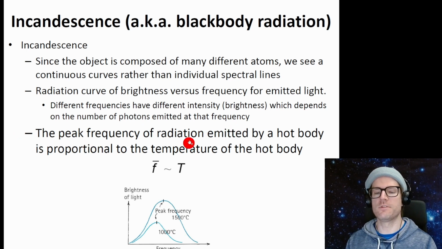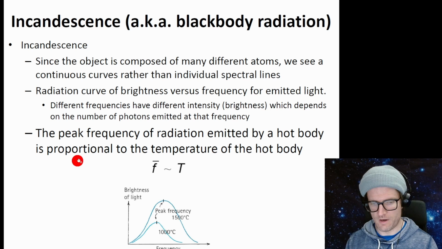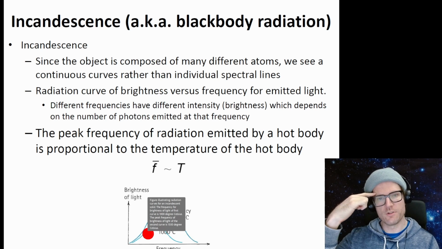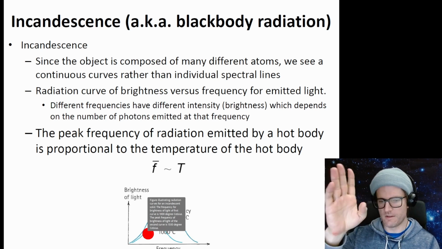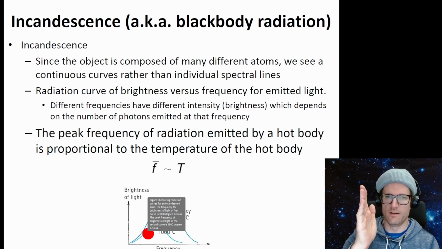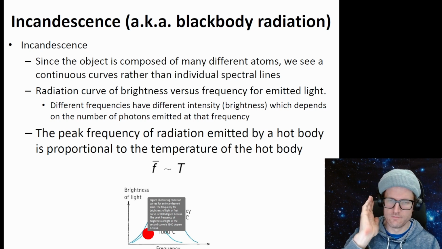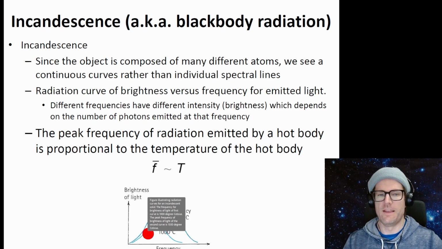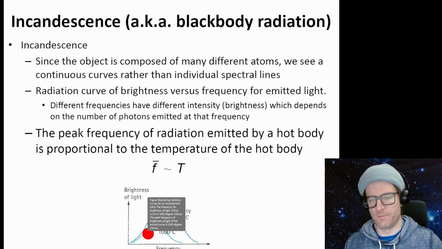The peak frequency of radiation emitted by a hot body is proportional to the temperature of the hot body. So if you're at human temperature, 98.6, that peak is in infrared. If you're looking at a candle, the peak is going to be in that yellow-red zone. And that frequency is proportional to temperature.